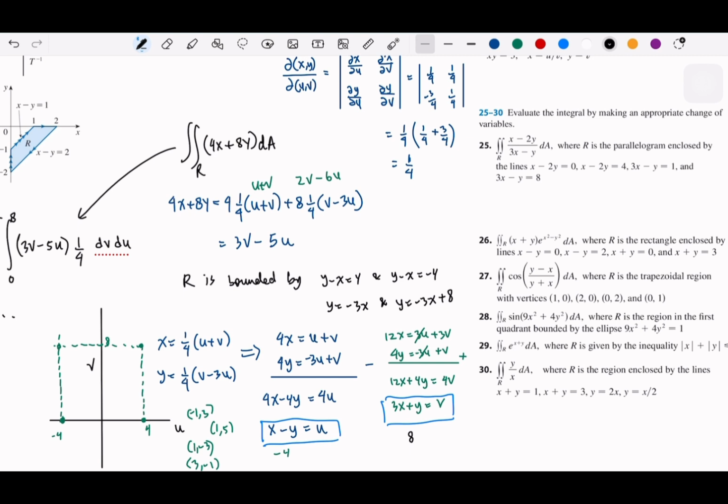What boundary does the question have, and what is the new boundary? It means we are going to transform based on the transformation of u and v. So we need to know this is the u and this is the v, and every xy coordinate we need to apply, and then we have the new coordinates.